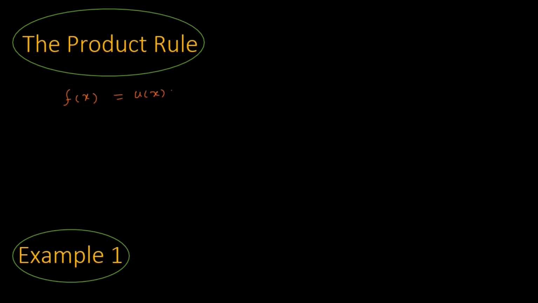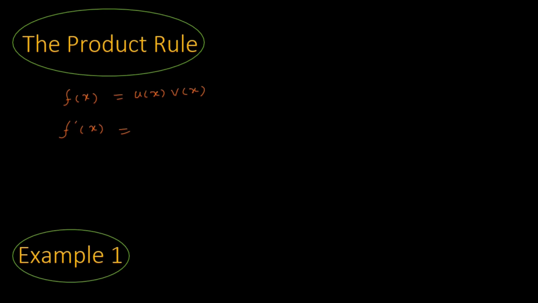We want to find the derivative, so its rule is f prime of x. f prime of x means the first derivative with respect to x. So dy by dx can also be written as y prime.